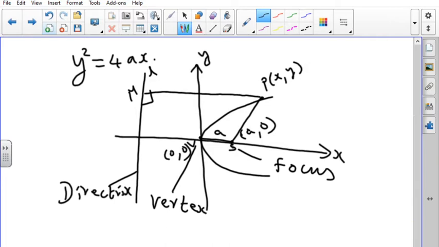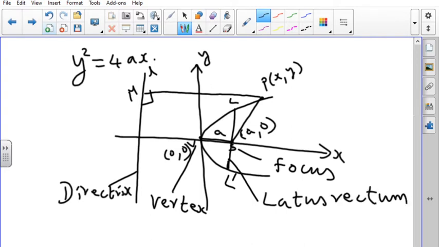Then we have a line which passes through the focus, and that is a perpendicular line, L dash. It passes through the focus, and that is called the latus rectum. This is the directrix, and this line is the line of symmetry.